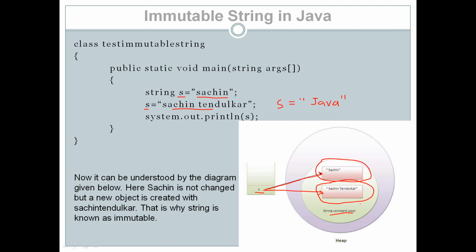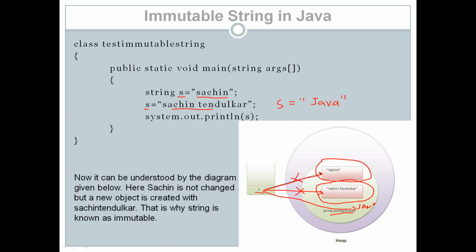So one more object with the value Java is created here, and again s, which was pointing earlier to Sachin Tendulkar, now points to Java, and the earlier references are removed.